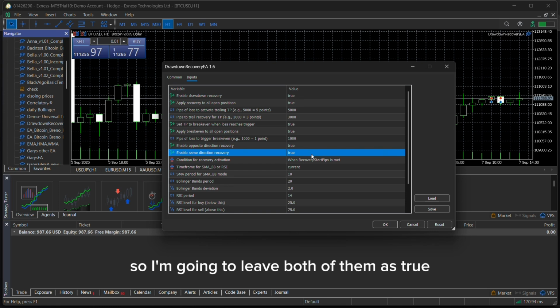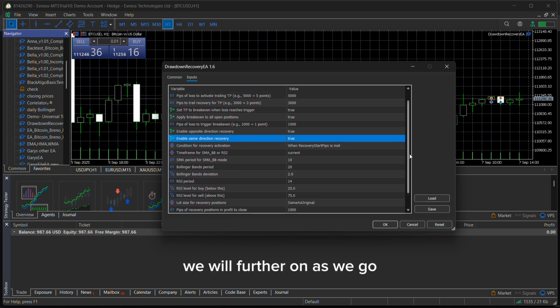So I'm going to leave both of them as true. As we go on, we will see how the priority works.